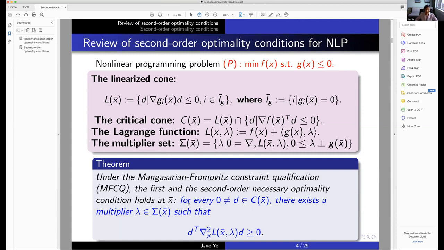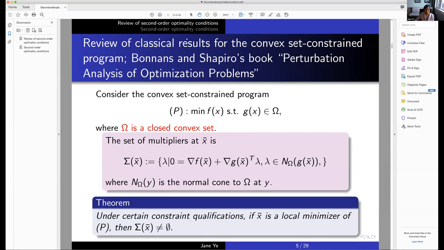Under a certain constraint qualification, such as MFCQ, there must exist a multiplier. That's the KKT condition. And for each critical direction, there exists a multiplier such that the second order condition holds.